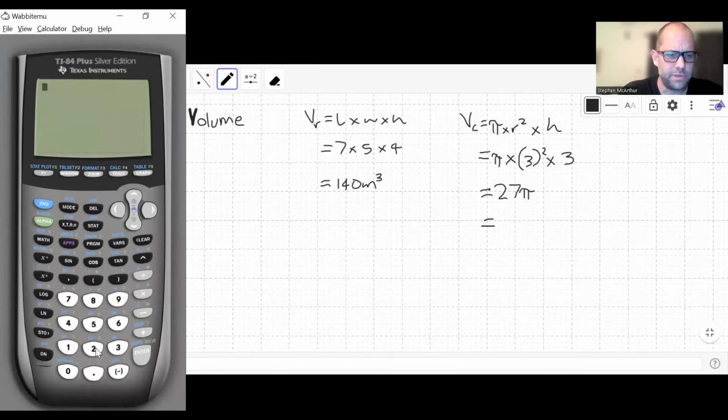Okay. 27 times pi. It's so small on my screen, I have to find it. Where's pi? Is it hidden under something else that's on my screen? There it is. Second function, this button. All right, enter. 84.82.